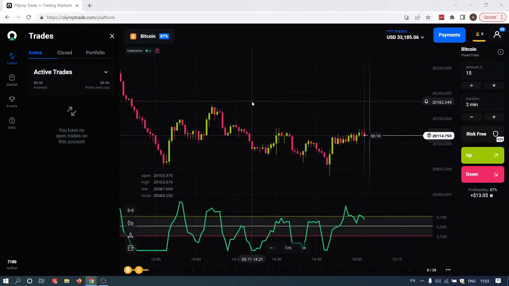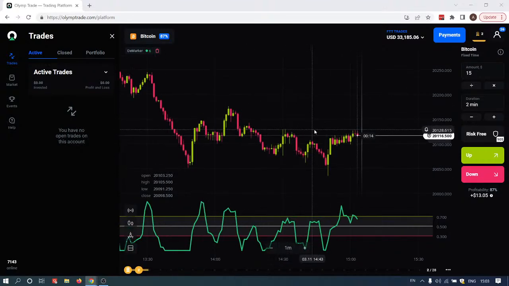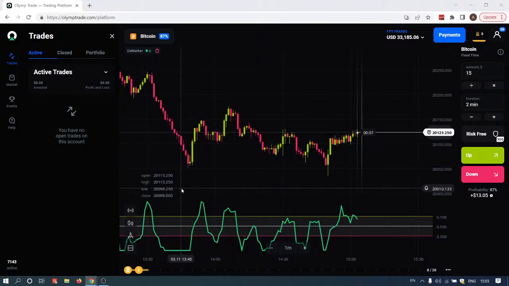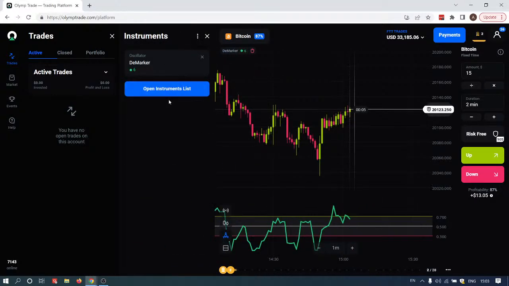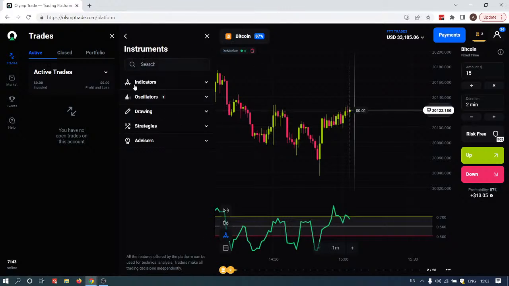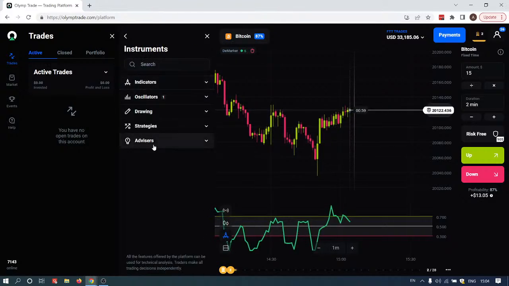For those of you who maybe have not noticed, we got a new update on the platform yesterday, and this update concerns technical analysis. Now everything is grouped in special tabs, which consist of indicators, oscillators, drawing tools, strategies, and advisors.